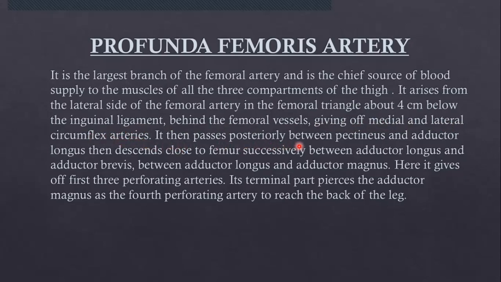It then passes posteriorly between pectineus and adductor longus, then descends close to the femur, and this is very important. You will see why you need to know it lies close to the femur, then successively between adductor longus and adductor brevis, then between adductor longus and adductor magnus.